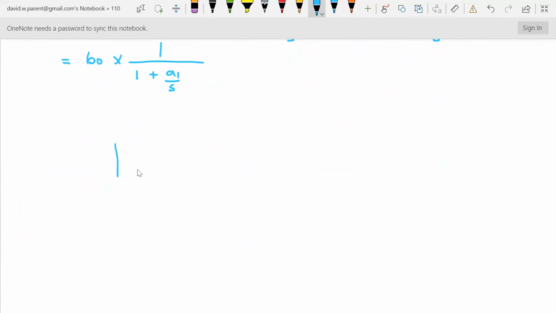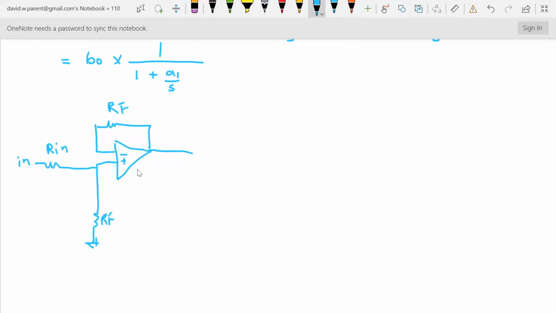All right, so let's just redraw everything. Again, this is kind of my basic summer structure, and I'm going to do that.